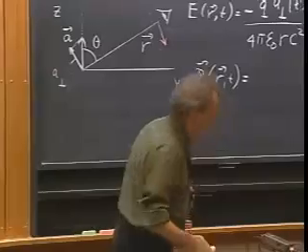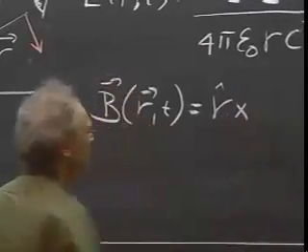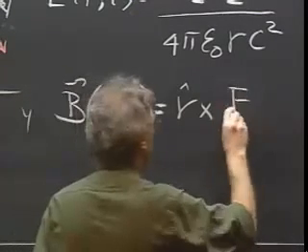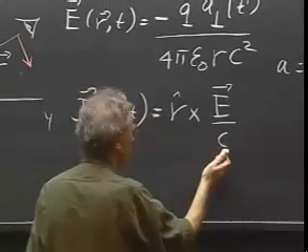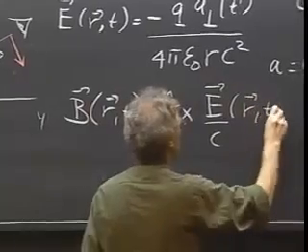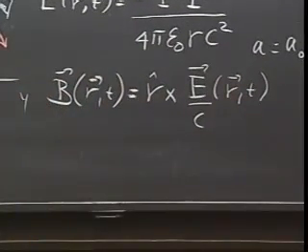And if you take all that into account, then you can write the B vector as the unit vector in the r direction times E divided by c, if it is the speed of light, c if it is in vacuum, and that is then at r and t. So that's the connection between E and B.